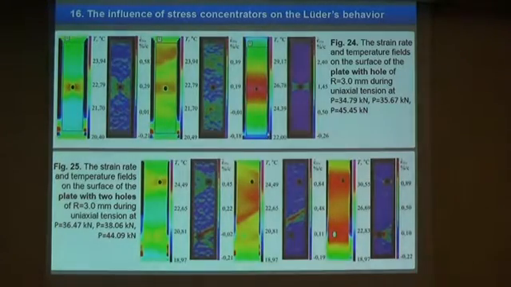And we analyzed the evolution of the inhomogeneous strain rate and temperature fields on the surface of such geometry specimens, and we interrelate the strain and temperature fields as well.